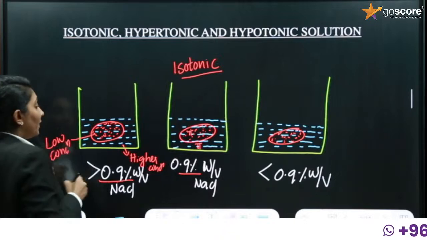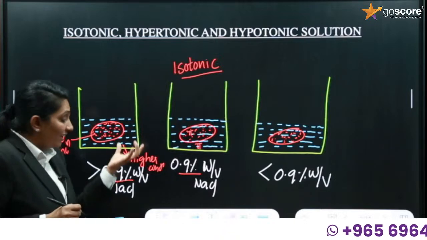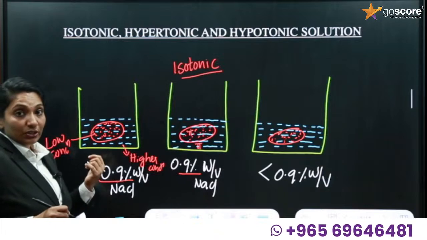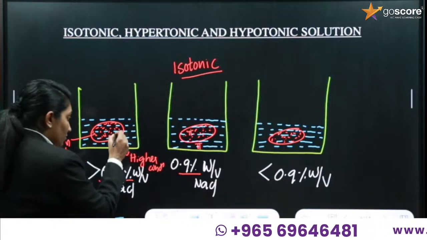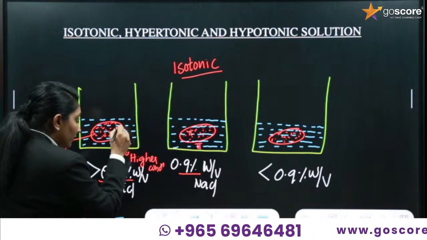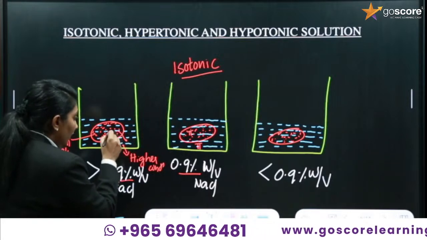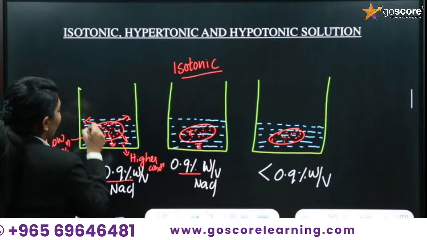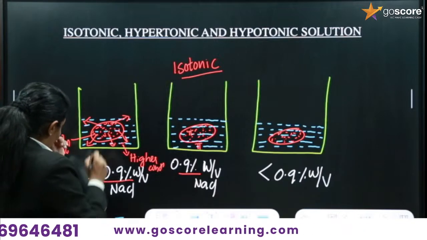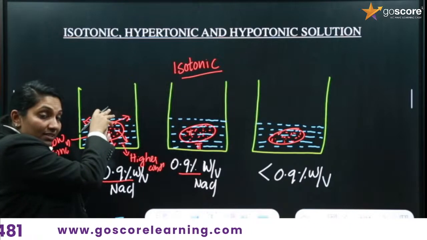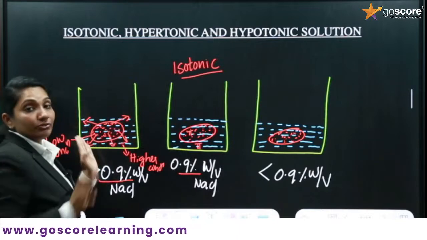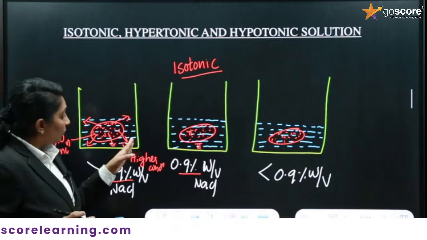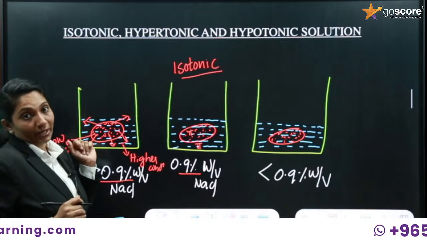So what will happen when you keep this RBC in a higher concentrated solution? The solvent will move from the cell into the solution, right? The fluid inside the cell starts to move out of the cell into the solution through the cell membrane.